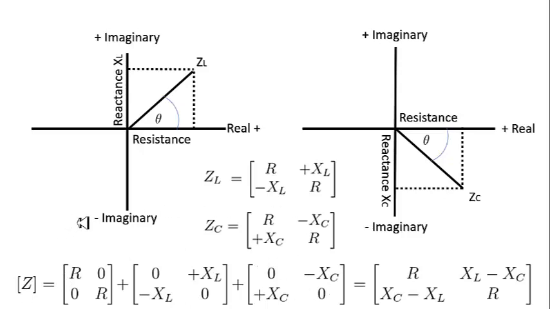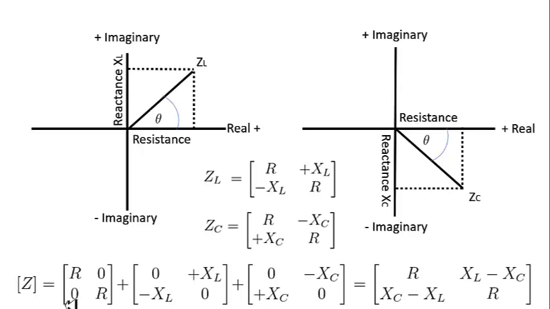When you add matrices together, you add the upper left corner together, so you get R resistance plus 0 plus 0, so that's R. And then for the upper right component, you've got 0 plus the inductive reactance minus the capacitive reactance, so you have XL minus XC in the upper right hand corner here.